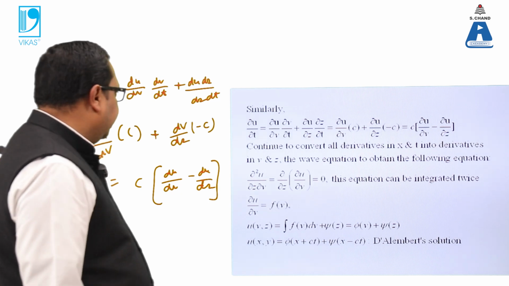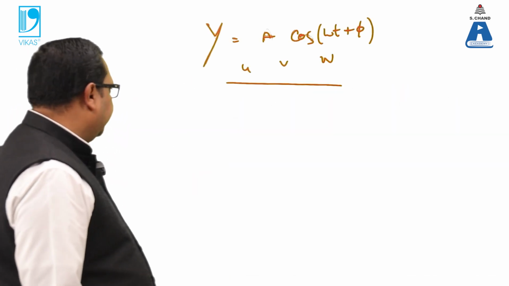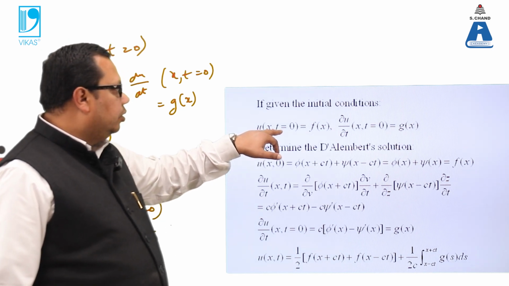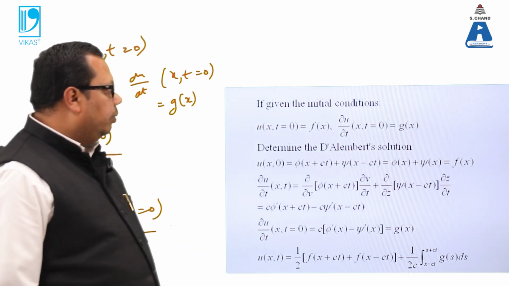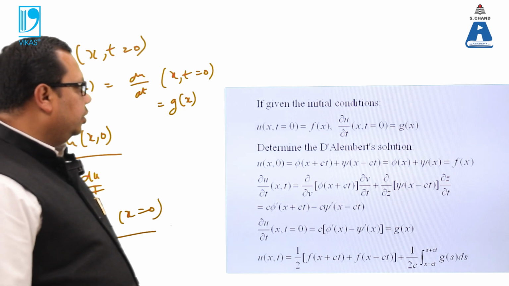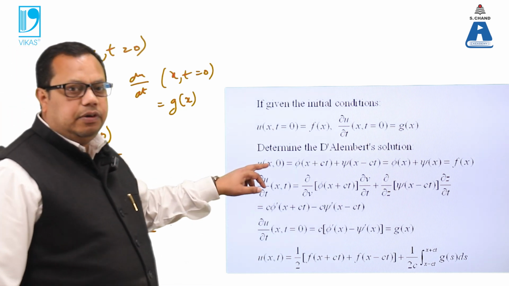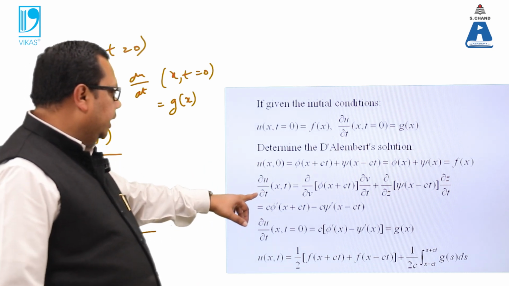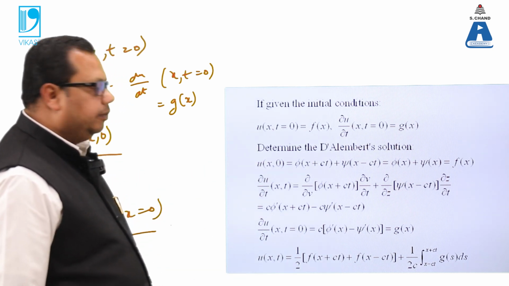From there we calculate the particular solution of the given equation. If the initial conditions are given that u(x,0) is equal to f(x), then du by dt at t equal to 0 is equal to g(x). So u(x,0) and du by dt will be calculated.